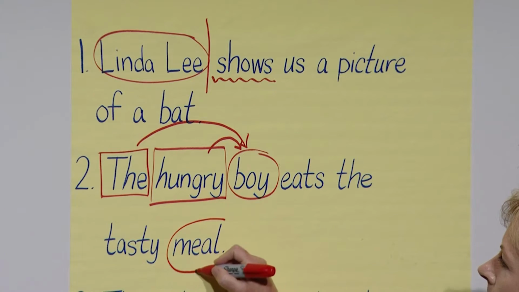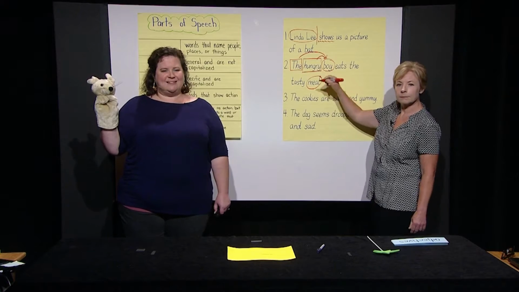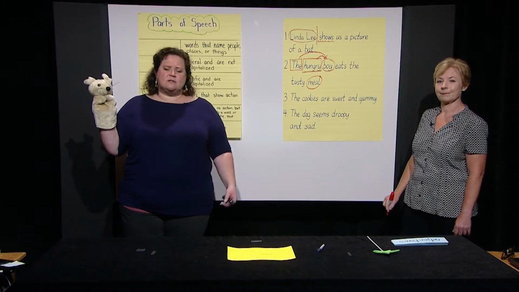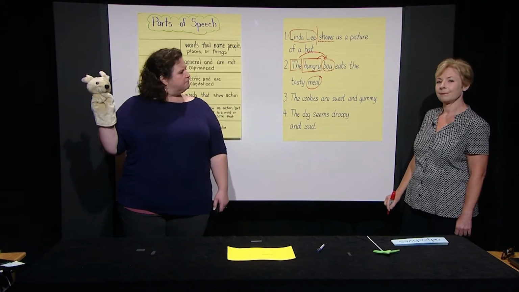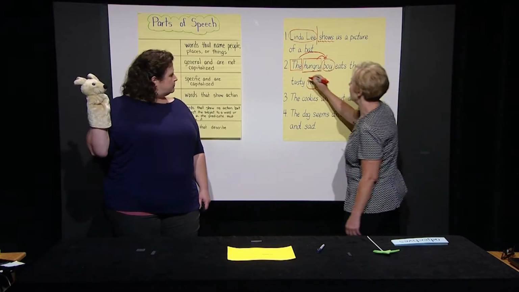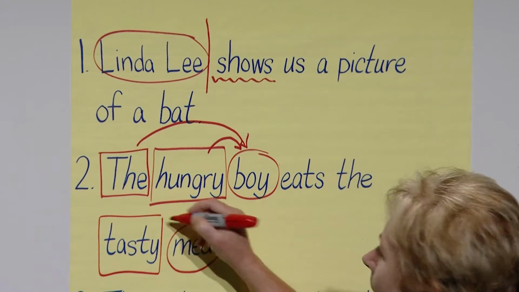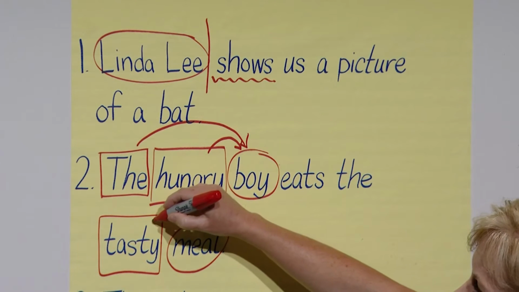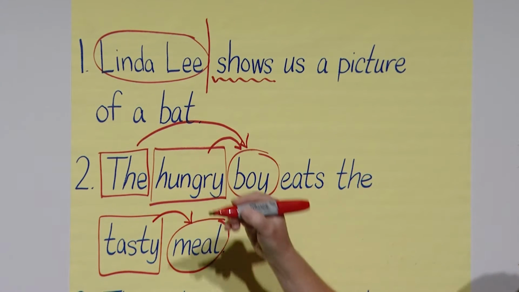Candy better circle that one too. I agree. What about any adjectives to describe this noun? I'll draw a box around tasty because it describes meal. Then I'll draw an arrow from tasty to meal.